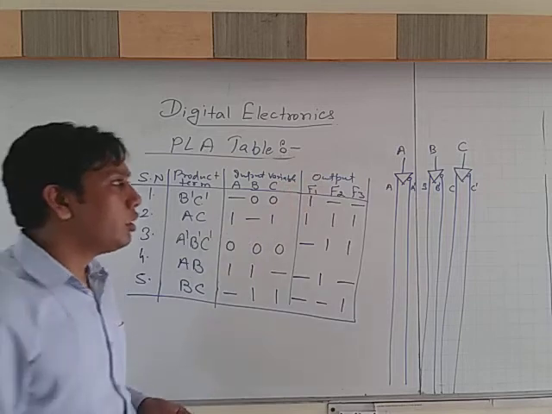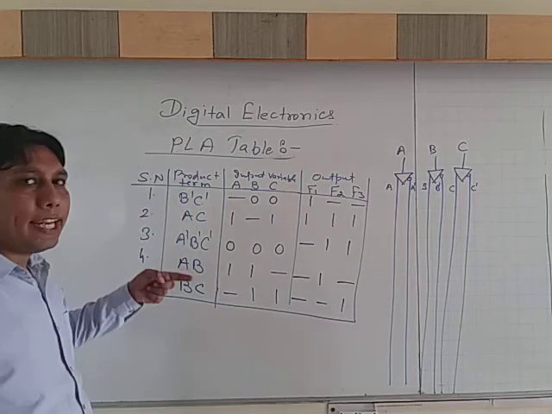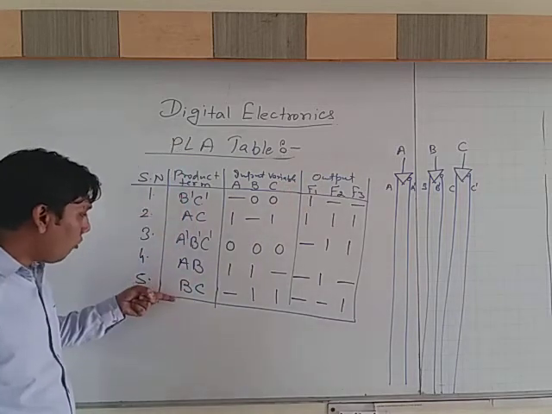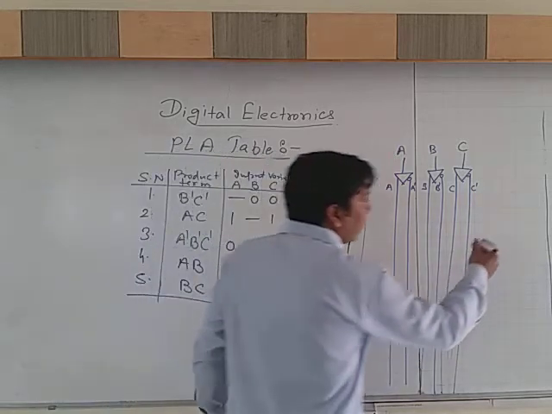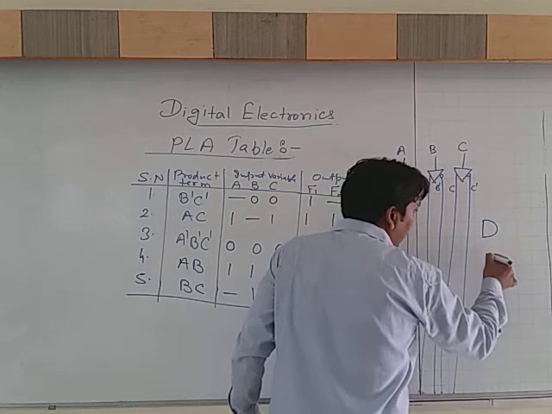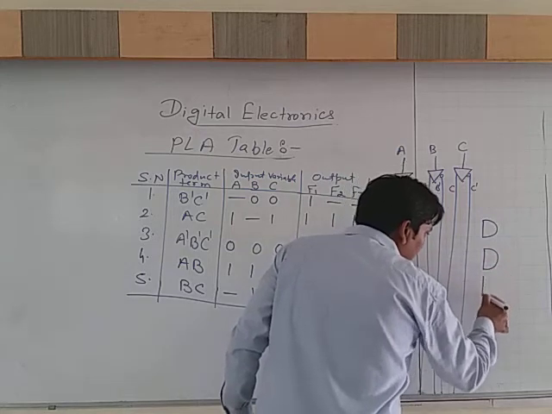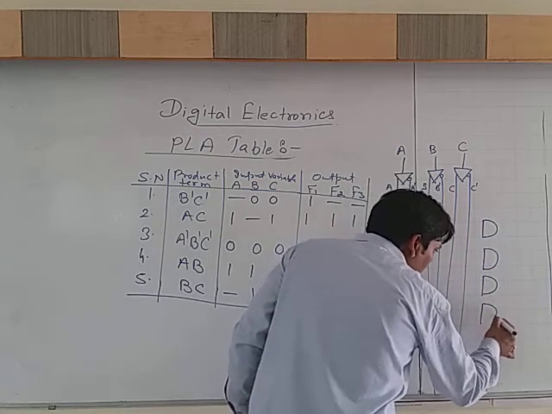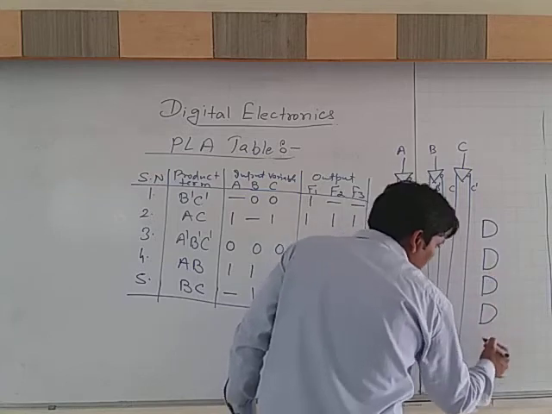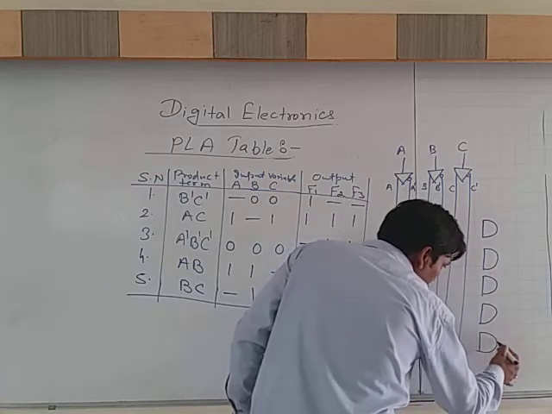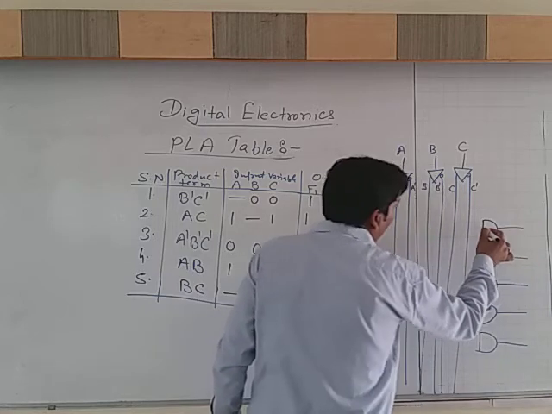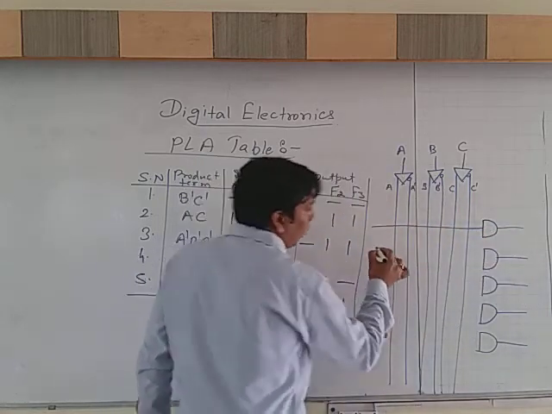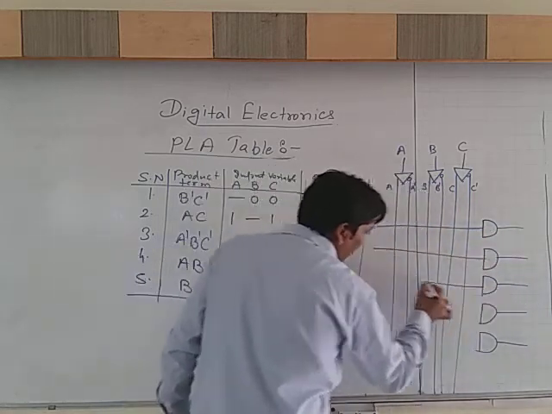Now we will just put the AND array. Here we have 5 product terms, so we will use 5 AND gates array. That means the array which has 5 AND gates. As in PLA, AND array is programmable, so it will have only a single line.